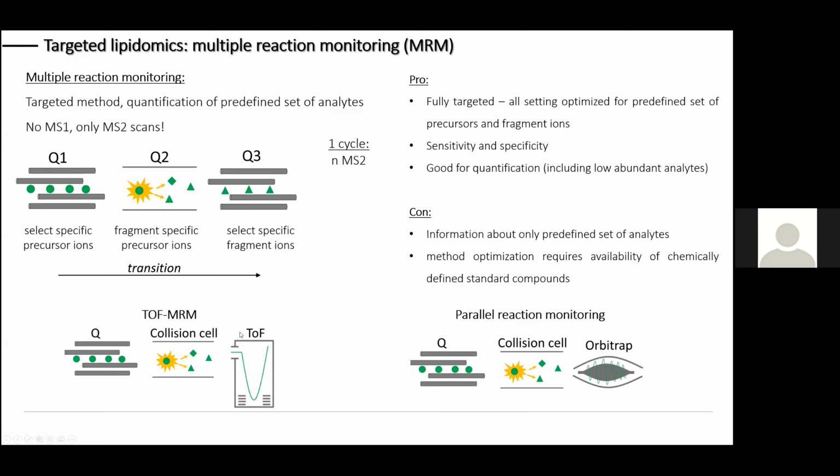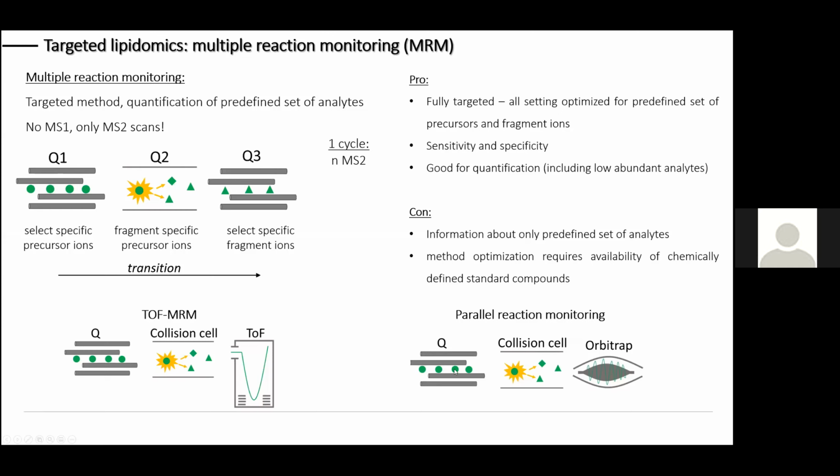I would like to mention that nowadays there are two other targeted setups which are becoming popular as well. Not only the triple quadrupole instruments, but also so-called TOF MRM, where we again select our specific precursor with a quadrupole, fragment it, but measure all fragment spectra in the time-of-flight mass analyzer, or parallel reaction monitoring, which is usually done on Q Orbitrap instruments.